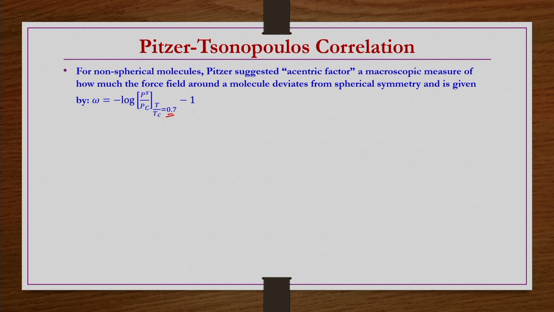Ps by Pc will not be 0.1 when T by Tc is equal to 0.7 for non-spherical molecules. That information has been taken as the basis for defining the eccentric factor, and they provided omega equal to minus log of Ps by Pc at T by Tc equal to 0.7, minus 1.